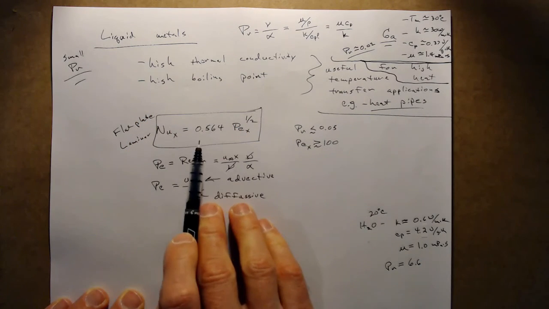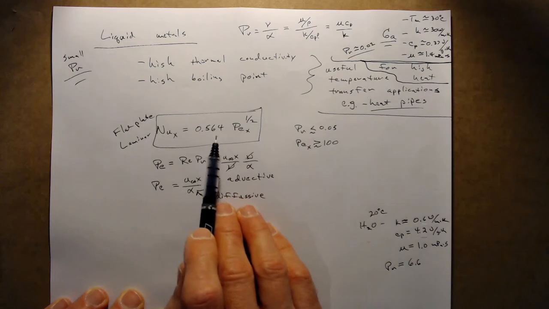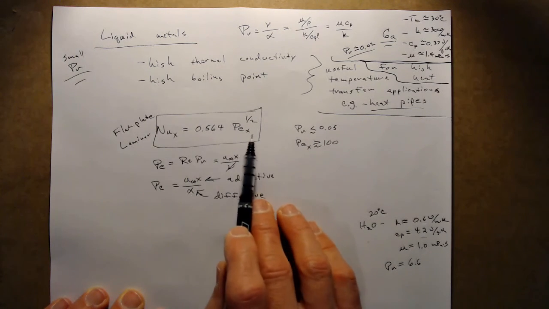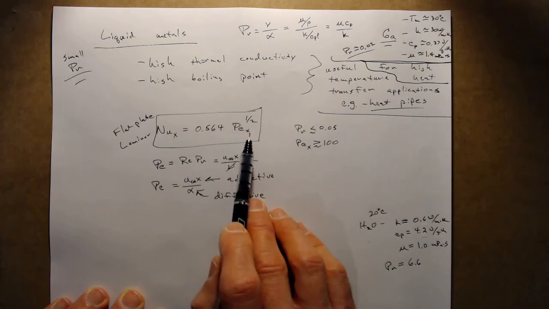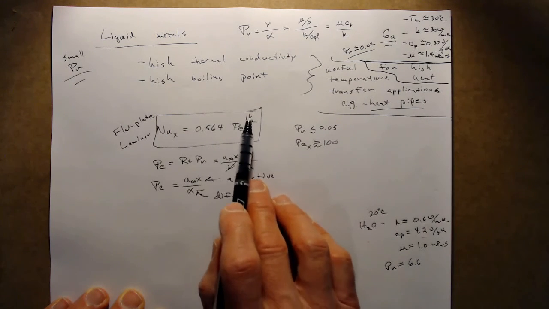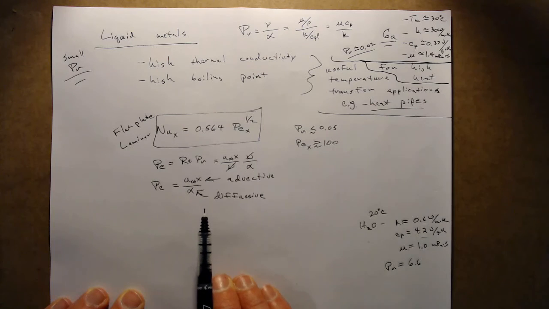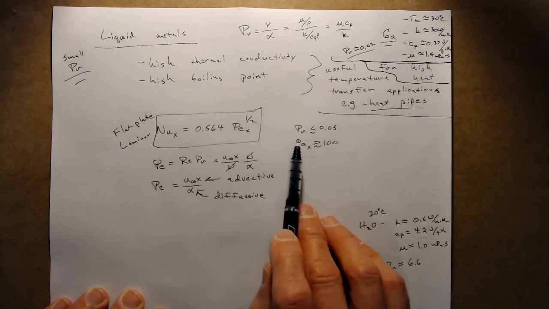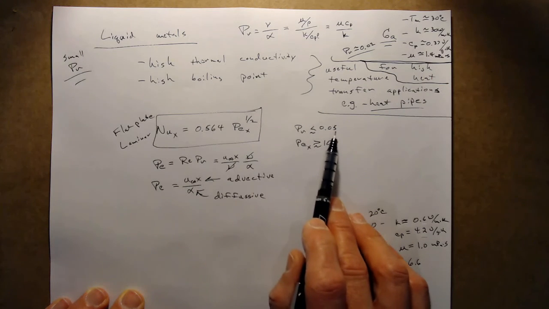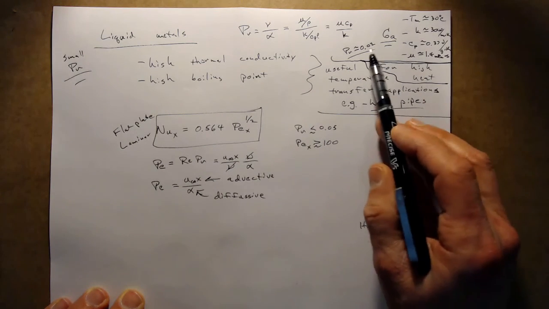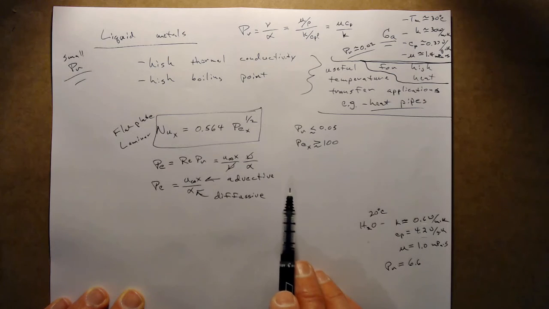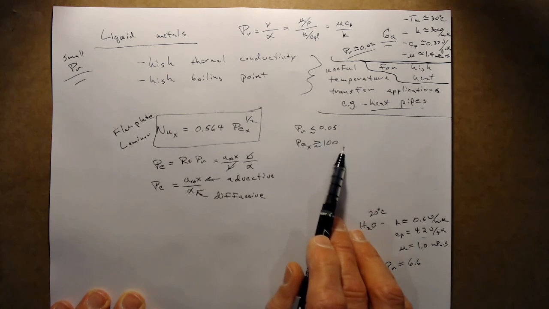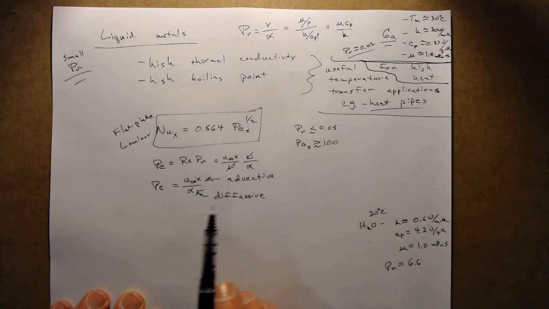The local Nusselt number at x is 0.56 times a new dimensionless number we're going to introduce called the Peclet number, raised to the 1/2 power. And this is valid for low Prandtl numbers below about 5e-2. So gallium again would satisfy that, and Peclet numbers larger than about 100.